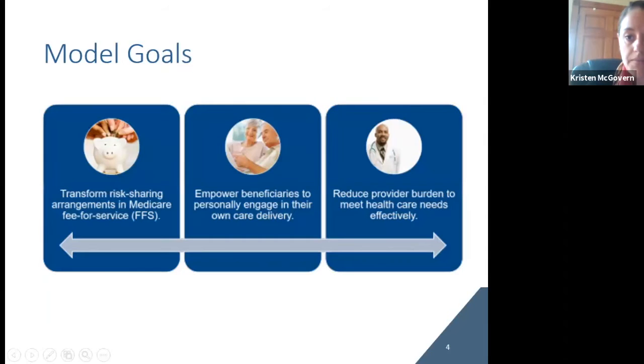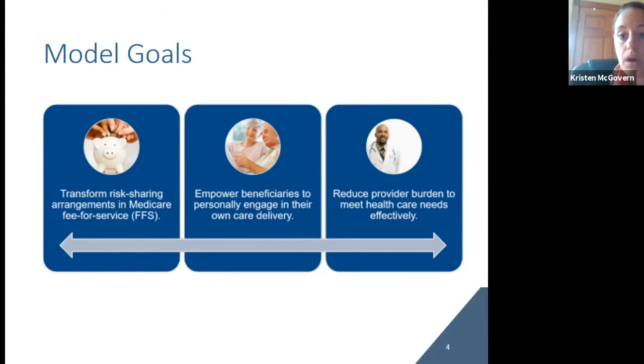So what are the model goals? This is taken right from the CMMI website. We will talk more about what this model aims to test and how that is different or the same as things tested in the past. You can see three broad-based goals. First, transforming risk-sharing arrangements in Medicare fee-for-service. This is important to orient yourself as to which part of the Medicare program we are talking about.